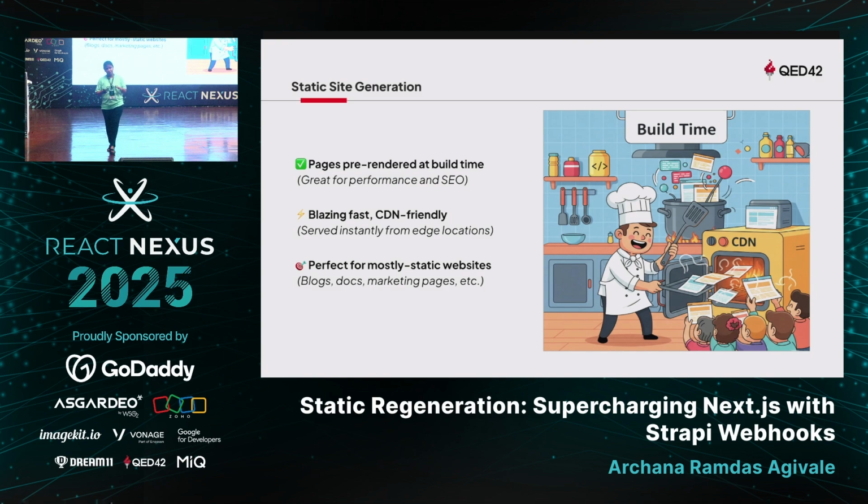SSG is static site generation where your HTML is generated at build time itself. So whenever a user requests a page, it's served instantly. So it's very fast. As it's very fast, your SEO value automatically increases, right?